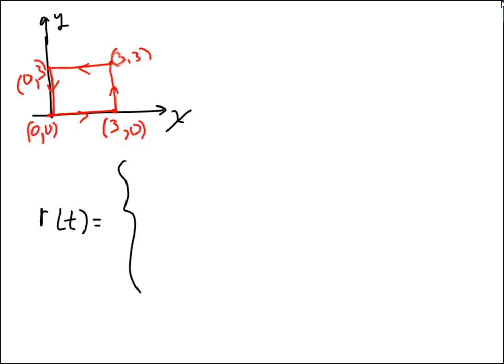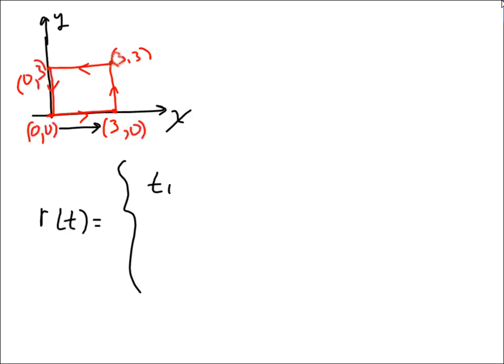The answer is piecewise. First, we're going from the origin to (3, 0), so y is always 0. How would we describe the x?